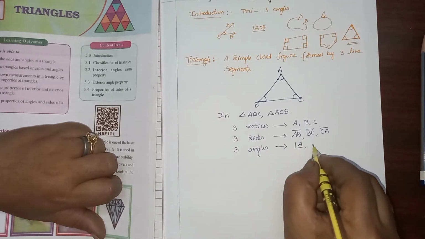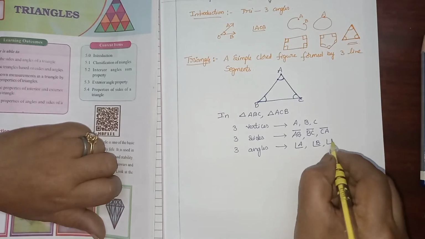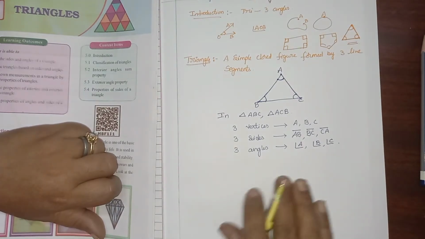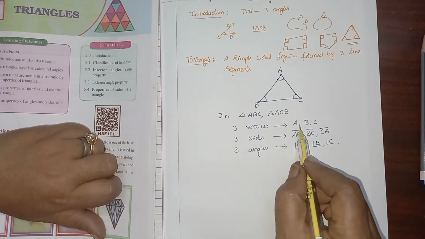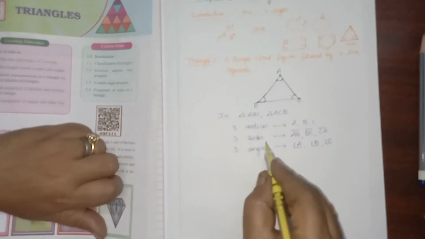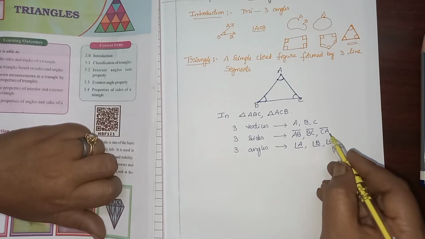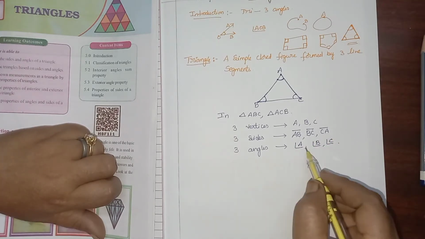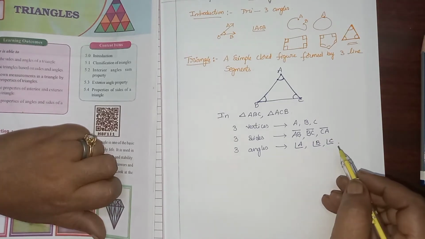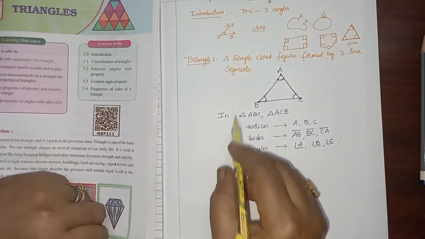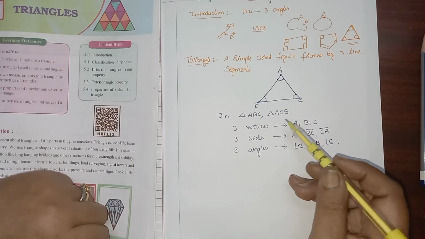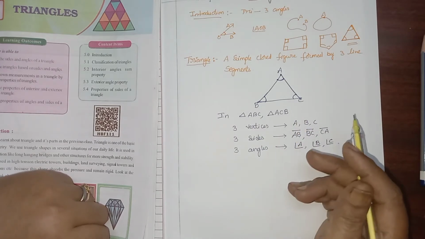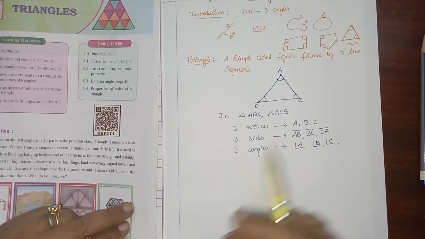Angle A, angle B and angle C. So in triangle ABC, 3 vertices A, B, C, 3 sides AB, BC and CA, and 3 angles: angle A, angle B, angle C. This is called a triangle: 3 sides, 3 angles and 3 vertices.